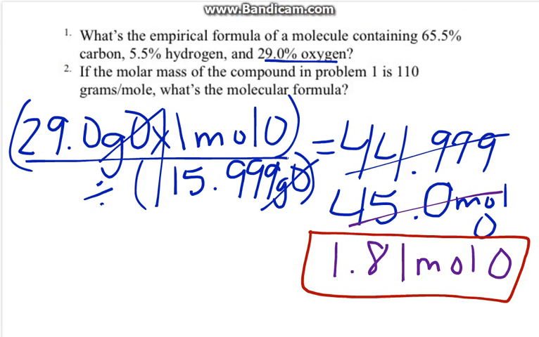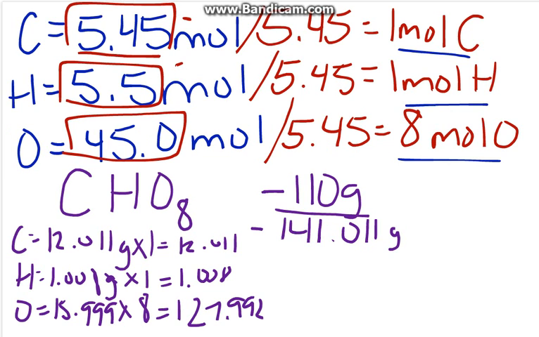So basically, we're starting from here. I have found the moles for oxygen, carbon, and hydrogen, and that's all I'm doing. Getting rid of this whole thing here. I know that carbon was 5.45 moles.